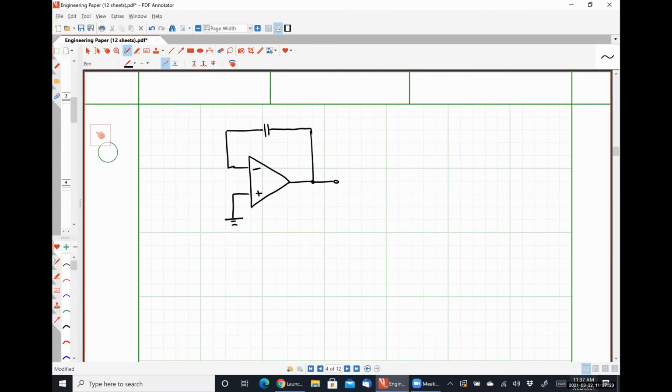We're not going to see any of those in this class, but it does happen. I'm going to place a capacitor here in the feedback position and a resistor here. And this is going to be V out as a function of time, and this is going to be V in as a function of time.